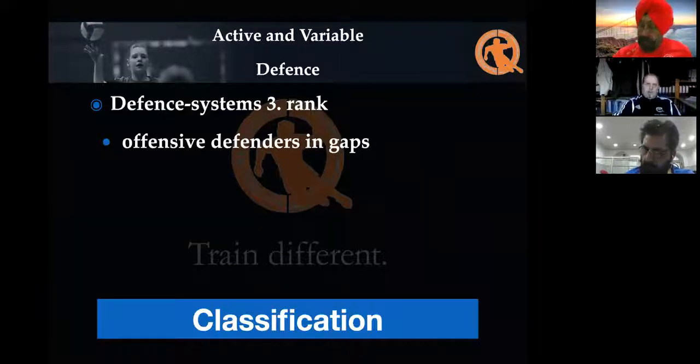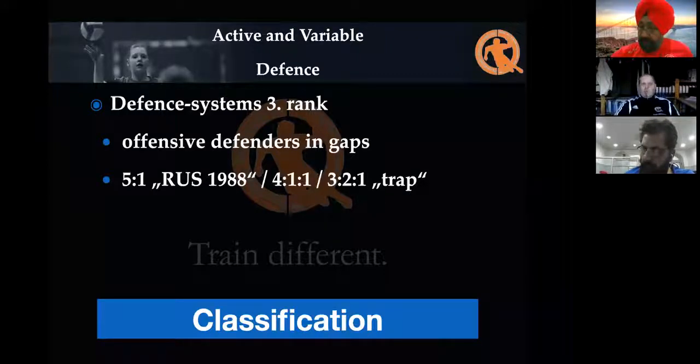Typical defense systems for this are the 5-1 from Russia from 1988, the 4-1-1 defense, and the so-called 3-2-1 trap defense. These are special types of defense systems. We will introduce them now, and you can see how they work.